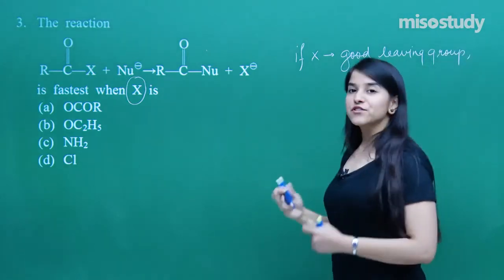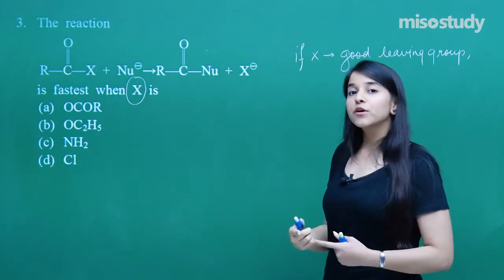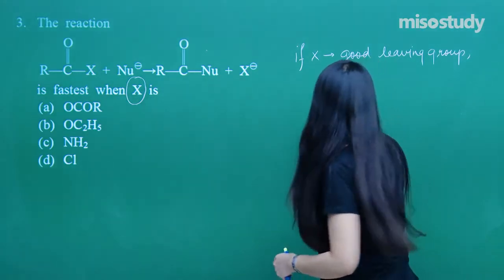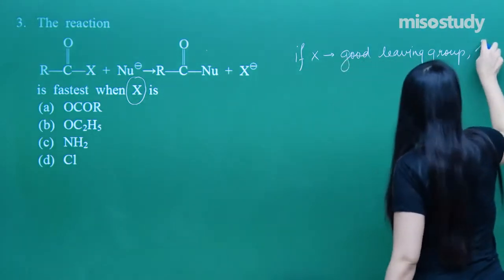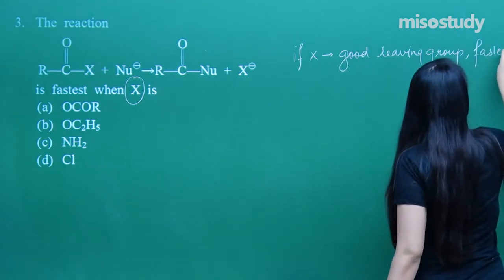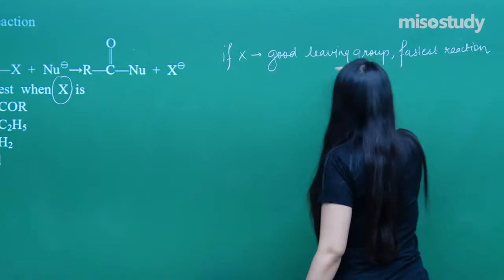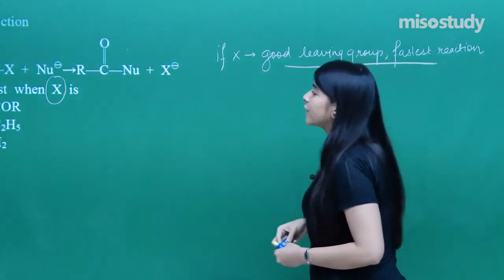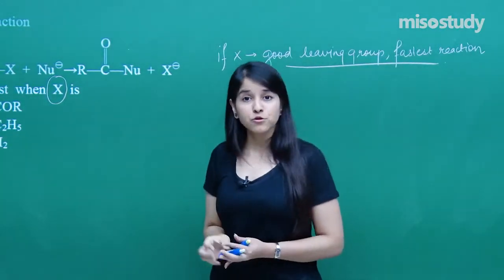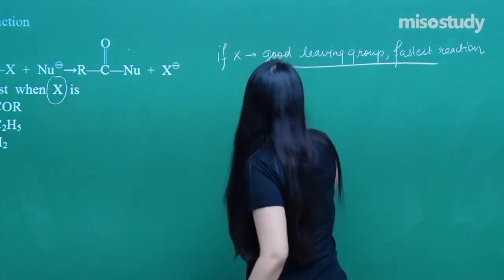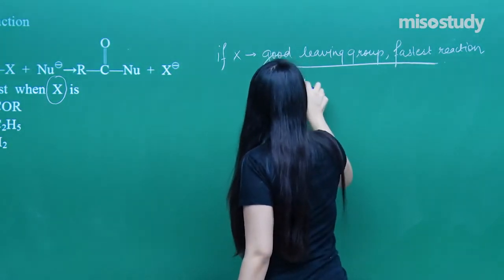That means it leaves the vicinity quickly, and the reaction will be the fastest. So that is our approach. I need to find the best leaving group out of the four. So which will be the best leaving group?